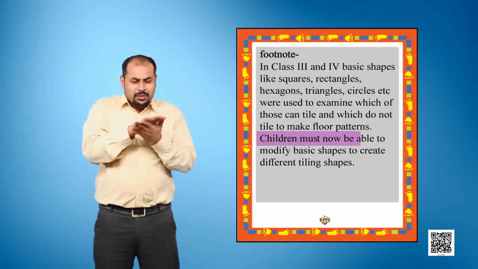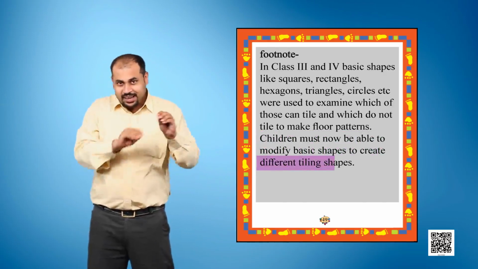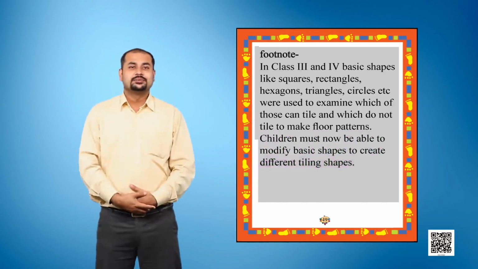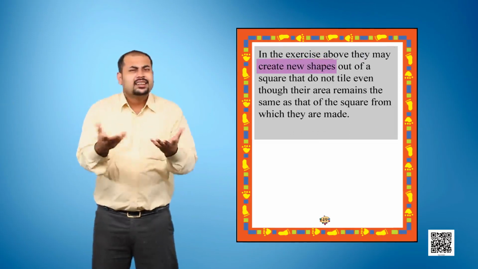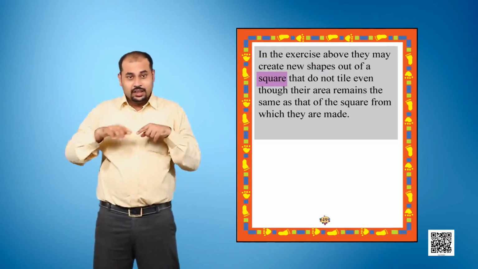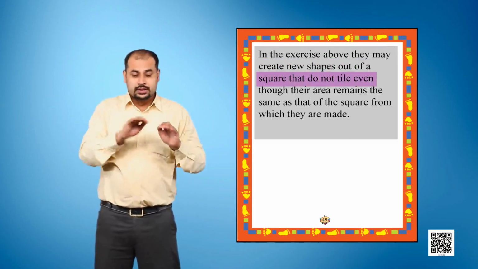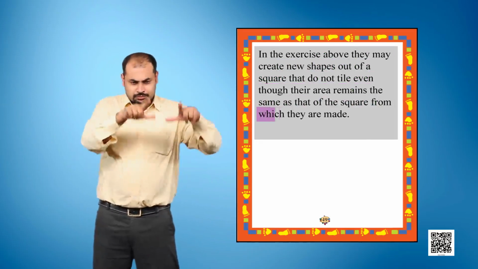Children must now be able to modify basic shapes to create different tiling shapes. In the exercise above, they may create new shapes out of a square that do not tile, even though their area remains the same as that of the square from which they are made.